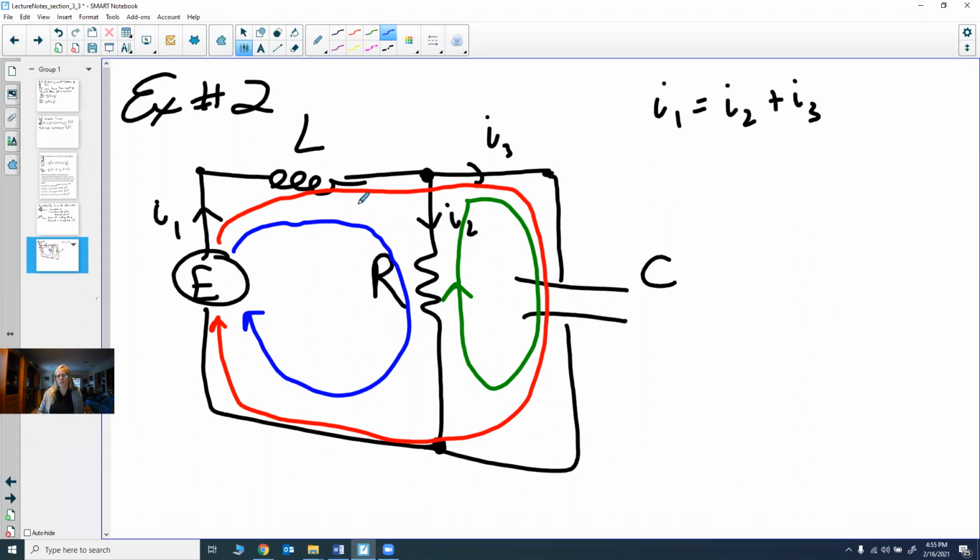I don't care which ones we use, but I'm going to go ahead and use this blue one here and talk about what we're traveling through. So when we start traveling, we come through E. We gain it because we're traveling through it in the positive direction. We then come along and go through this inductor, and this inductor stores energy.